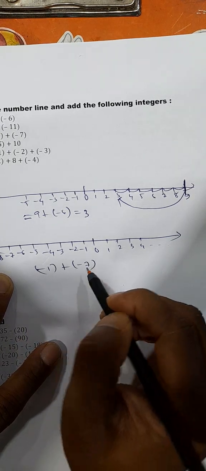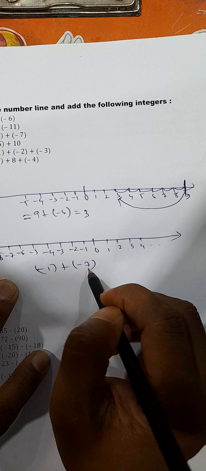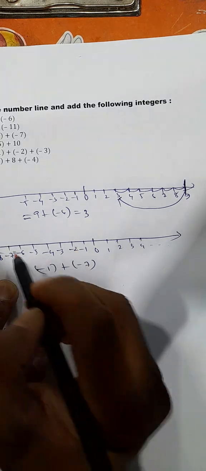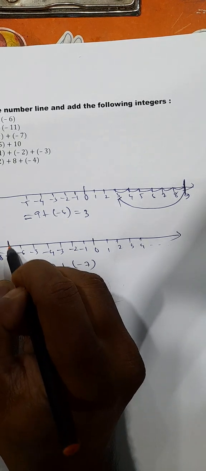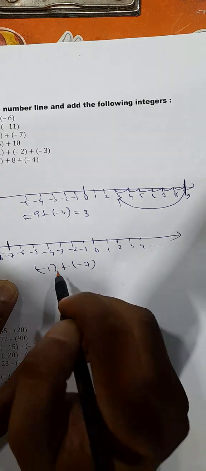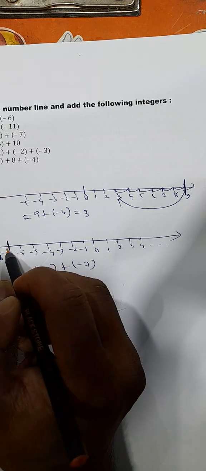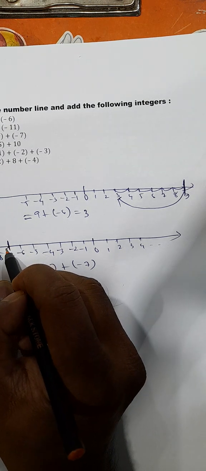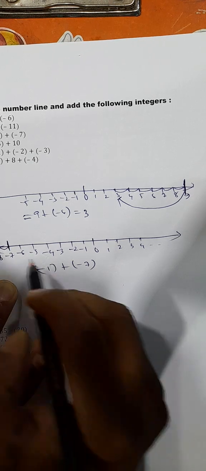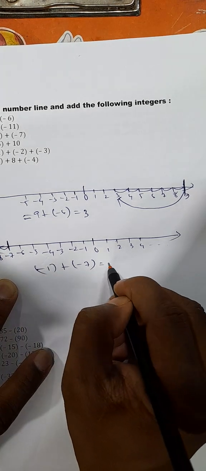Where is -7? -7 means you are at this position. Plus -1, it's a negative, so you have to go backward. You come towards this side. So you arrived at -8. Answer is -8.